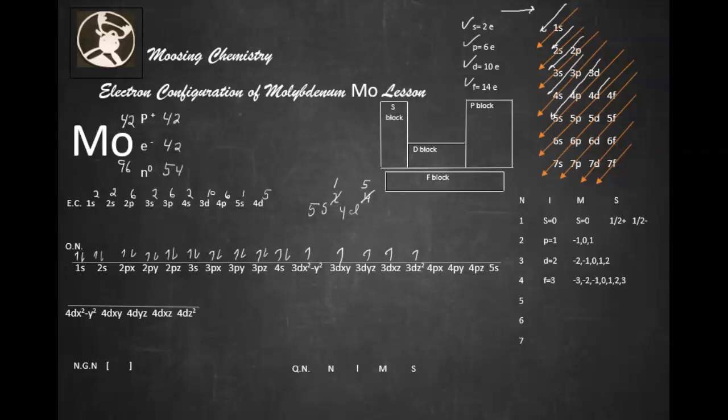And then we're going to go, of course, down, down, down, down, and down. 4px, 4py, 4pz: down, down, down.